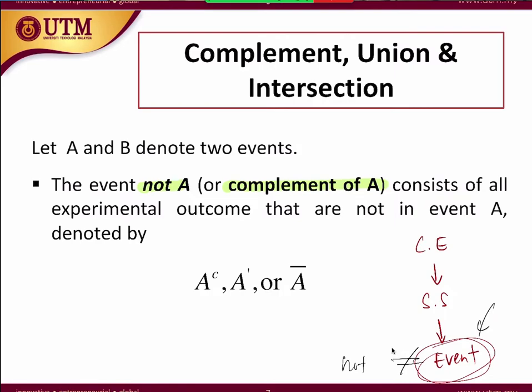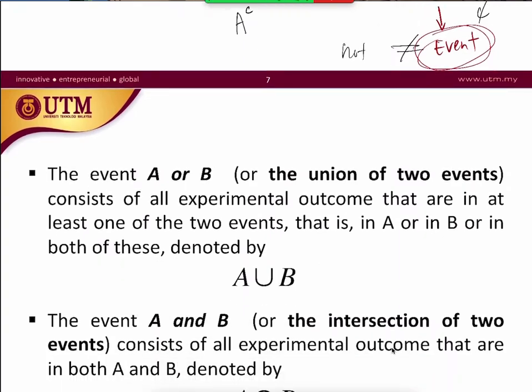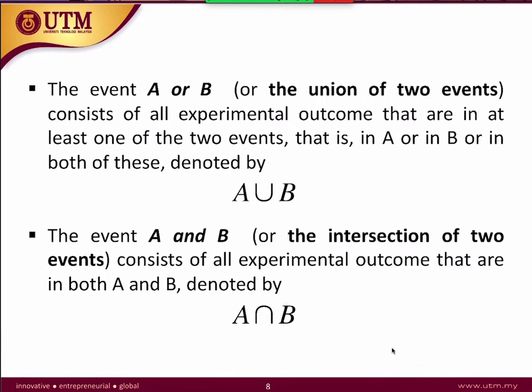We call it a not. How do we symbolize it? Either using a bar, or the apostrophe symbol, or a small superscript c after the event you assigned. This is the most used symbol for a complement.